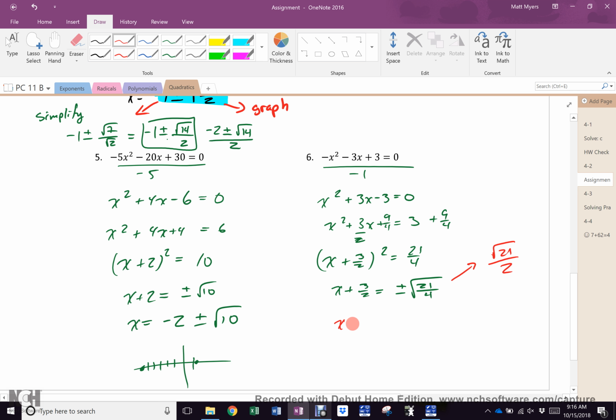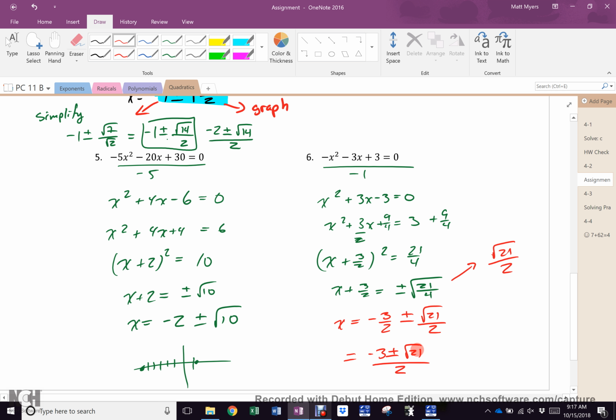So x equals negative 3/2 plus or minus root 21 over 2. Can I combine them? Yep. Negative 3 plus or minus root 21 over 2. Then if I was going to put it on a graph, I'd use my calculator or I would estimate. The root of 21 is about 4.5.